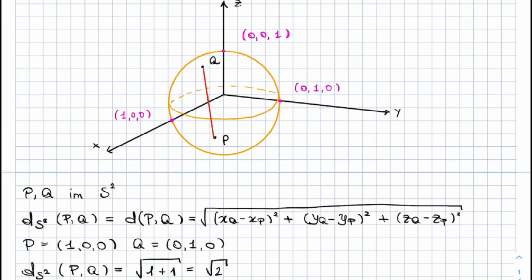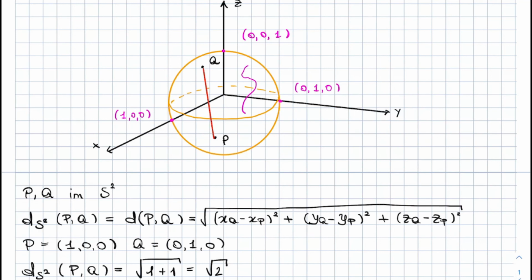In particular, even if you were to draw a curve, for example this curve, which lies completely on the sphere, then the length of this curve wouldn't depend on whether you compute it as the length of a curve on the sphere or the length of a curve in the space, simply because we define the distance on the sphere restricting the one on the space, where by restricting I mean that we're computing the distance only on the points which belong to the sphere, but the number we associate to every 2 points is exactly the same we associate to those points when we consider them in the space.